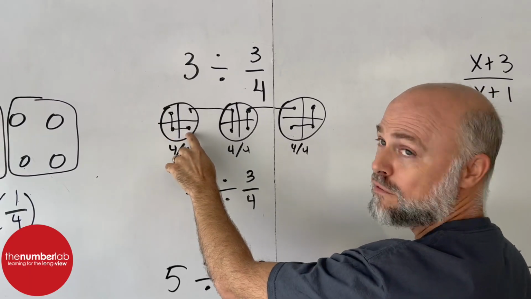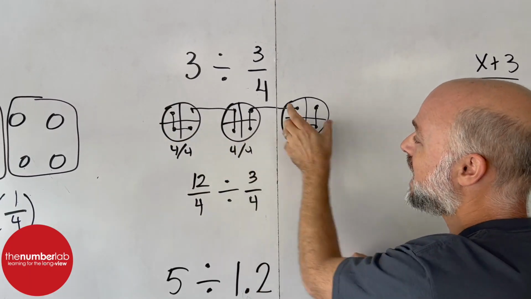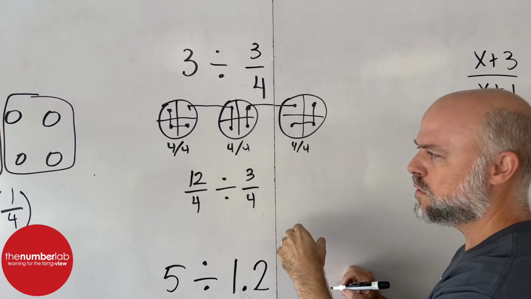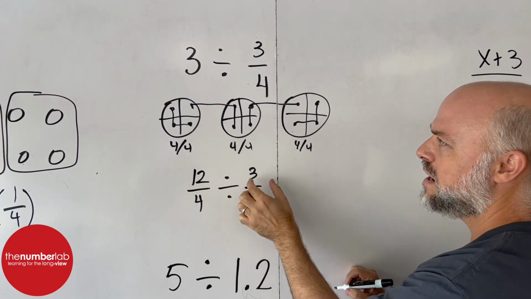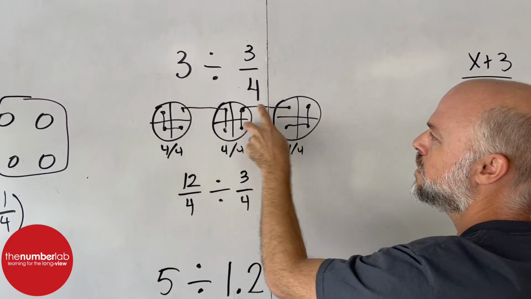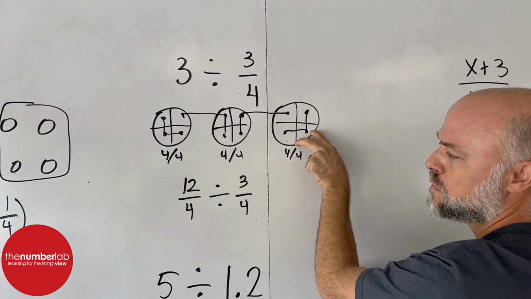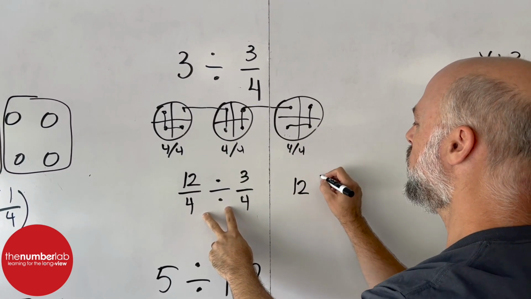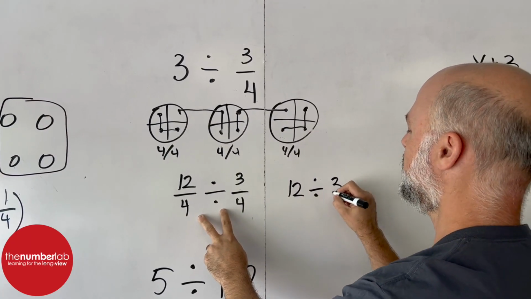We had 12 of these fourths, and we divided it up into groups of 3/4. We had 12, and when we divided it up into groups of 3, there's 1 group, 2 groups, 3 groups, 4 groups. This apparently is equivalent to 12 divided into groups of 3.